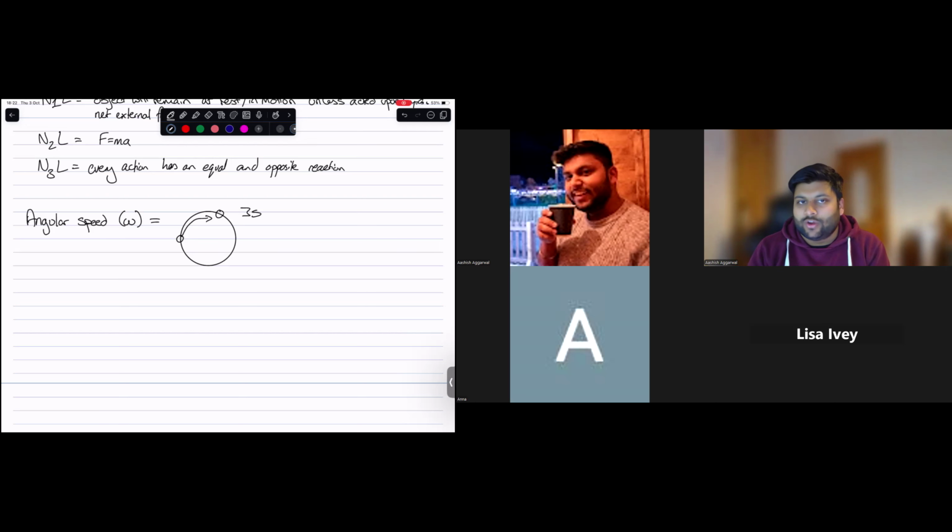Basically, the distance is now, instead of a straight line in the speed, it goes distance over time. It's a curve, basically.